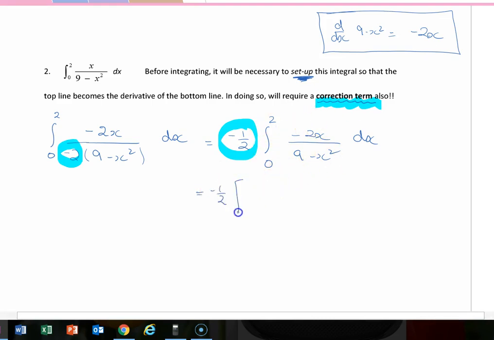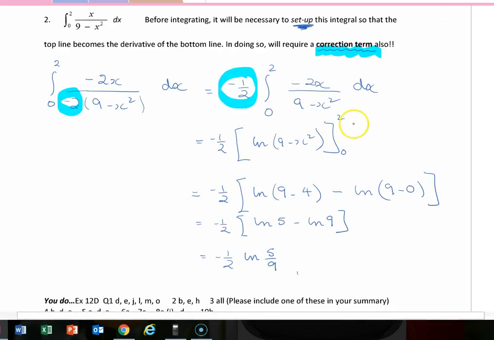So this would be the log of 9 minus x squared, very nicely, and I want that from 0 to 2. And so you can see there that I've subbed in x is equal to 2, and like I was saying in the previous example, you will need to sub your 0 in, because this won't all just disappear to nothing.